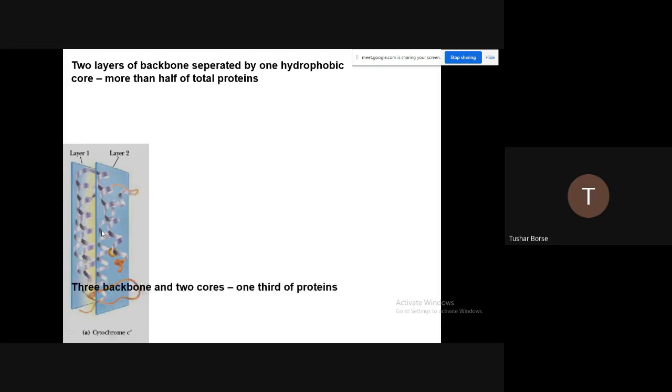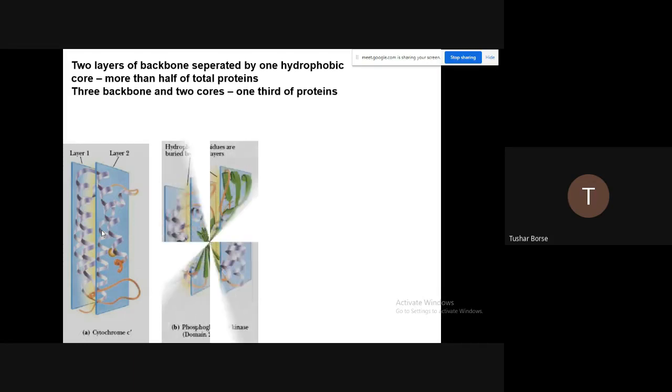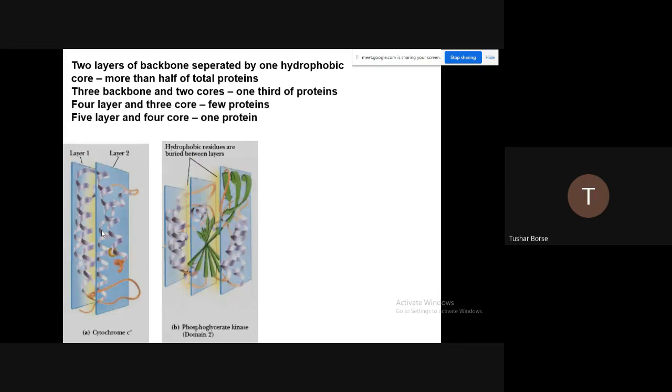Then about one third of the total proteins could be of the category with three backbones and two cores. And there are a few proteins which could have four backbones and three cores, five layers and four cores, or maybe six layers and five cores.